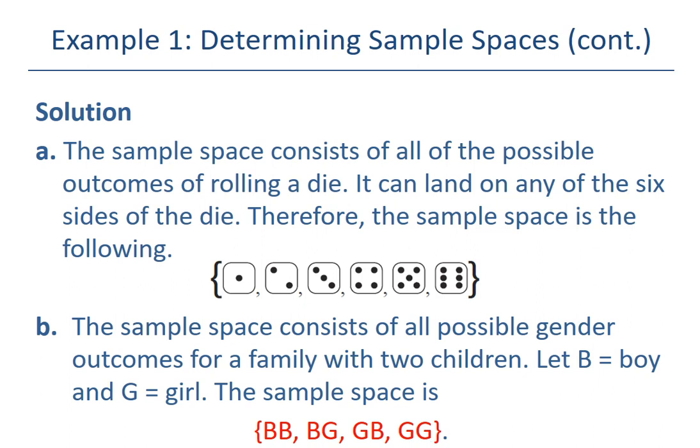Now, any of you who have taken biology may recall that old little chart that they would make here. So you could have a possible boy, girl, boy, girl, and then you fill it in.